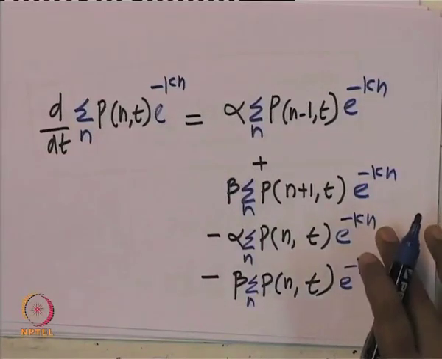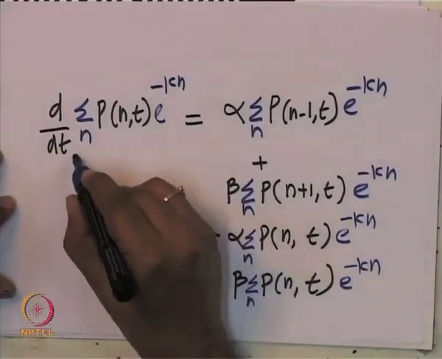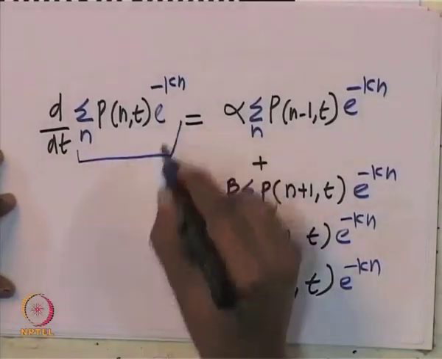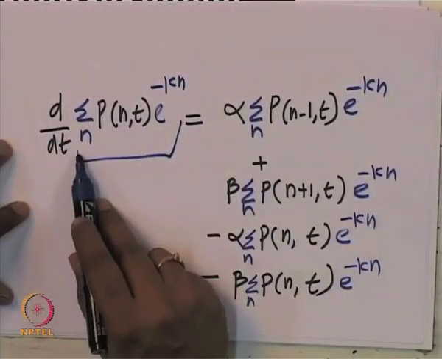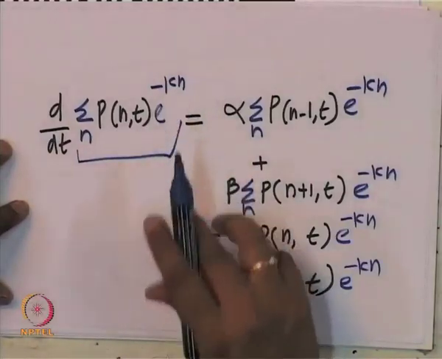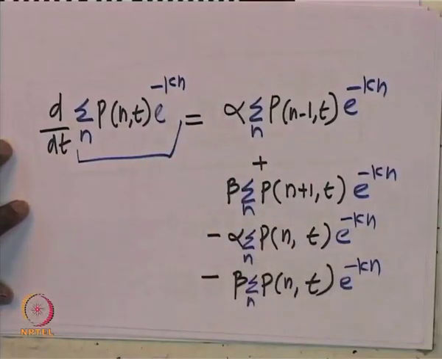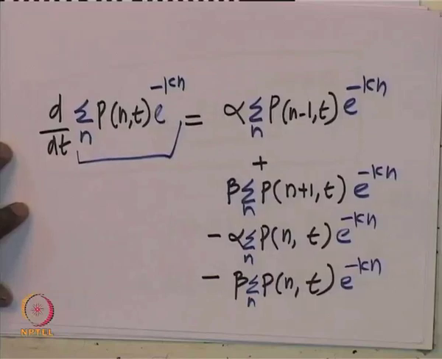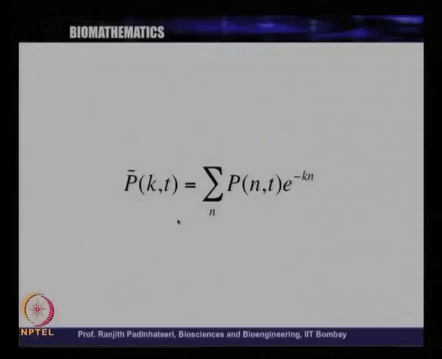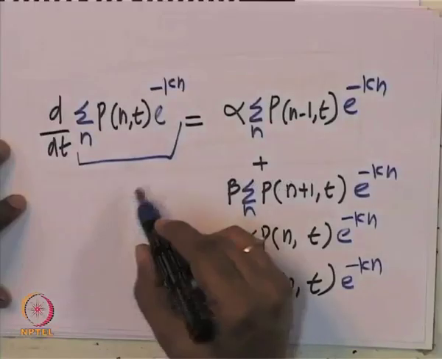So, then what do we get? Sum over n p n t e power minus k n. As we defined here, the sum over n of p n e power minus k n is p tilde of k. So, the sum over n p n e power minus k n here becomes p tilde of k comma t.